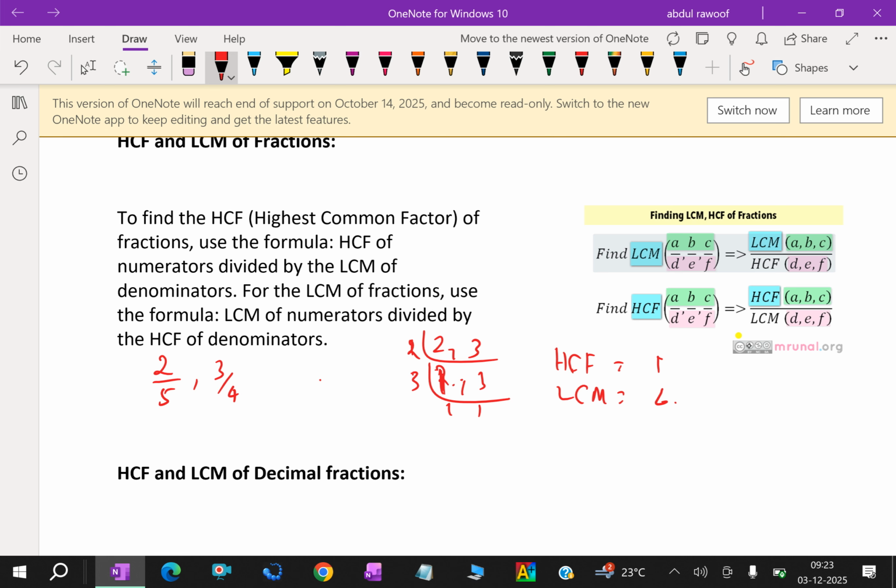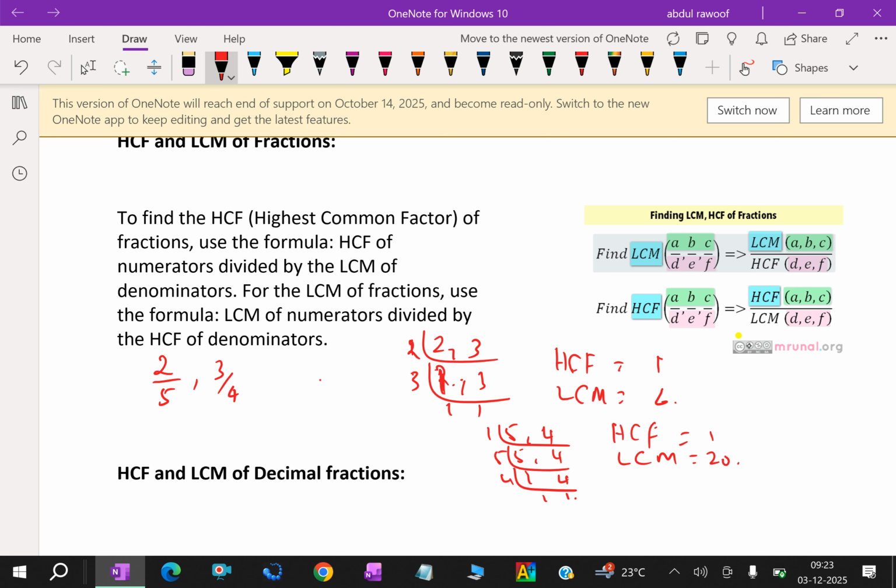Now for the denominators 5 and 4. The HCF is also 1 only, because the only common factor between 4 and 5 is 1, and the LCM is 20.